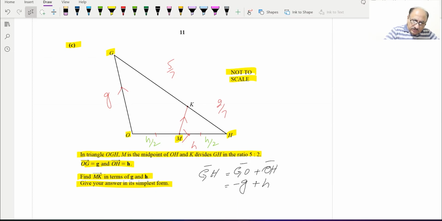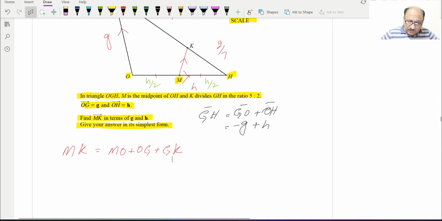MK we can write as MO plus OG plus GK. We will be taking this route, this one, and then this one. And now we will replace the values.